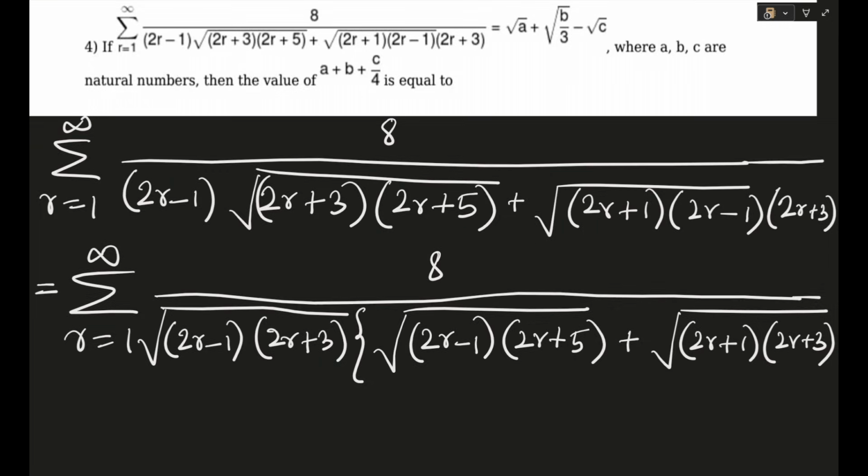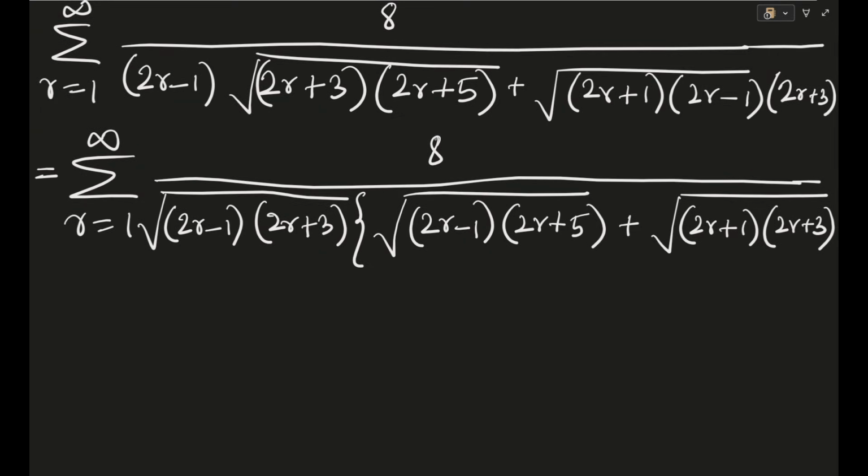And this 8 also we pull out. So you can consider this as we are dividing this into two fractions. This is one fraction and this is the other fraction.